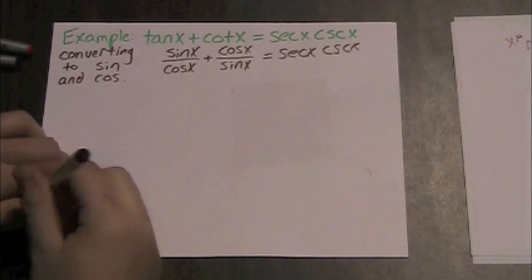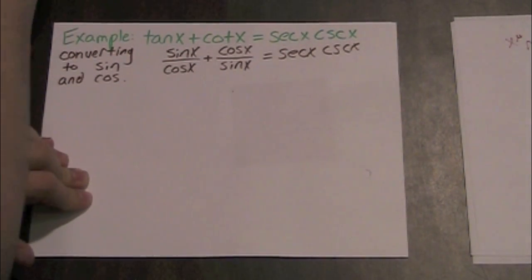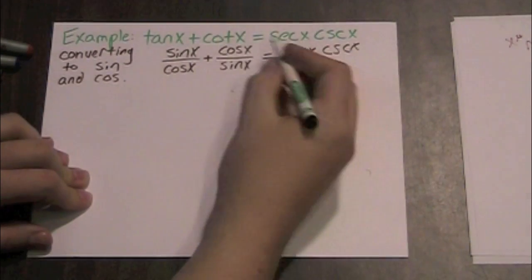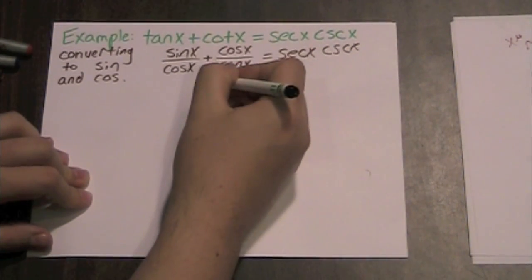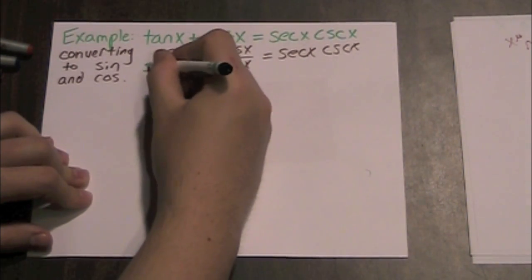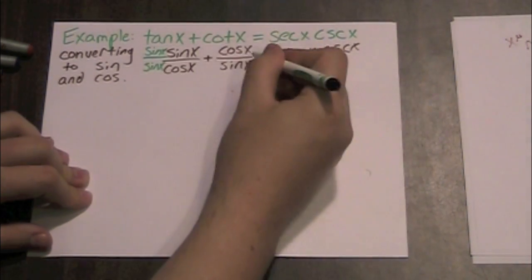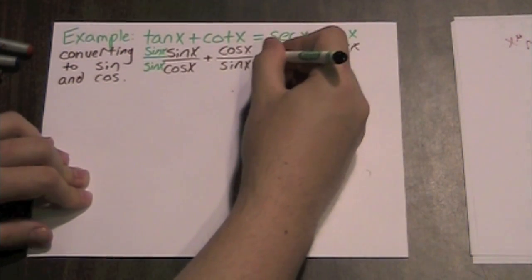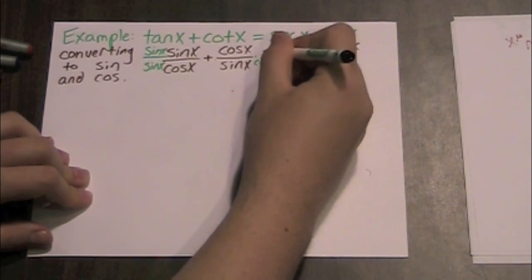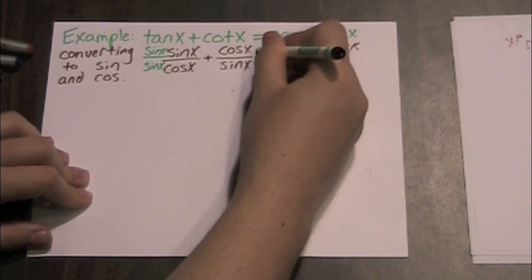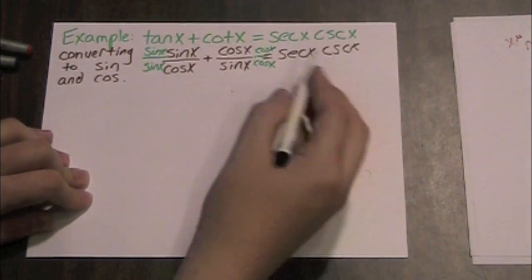To be able to add those two fractions together, I need to make use of some common denominators. I'm going to multiply the sine x over cosine x by sine x over sine x, and cosine x over sine x by cosine x over cosine x.